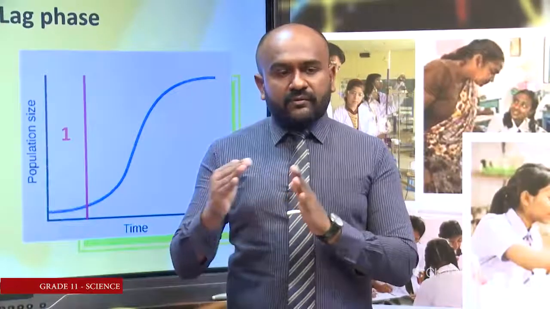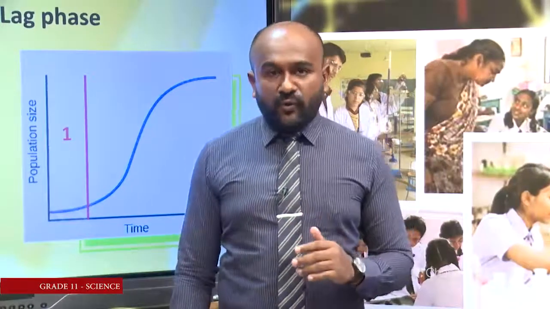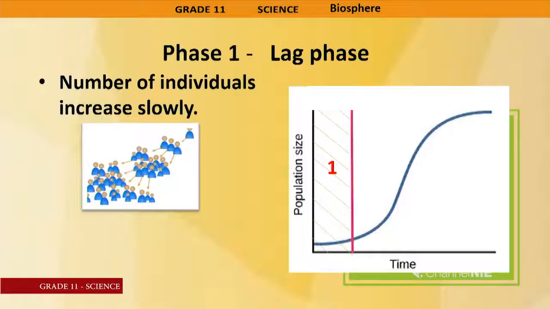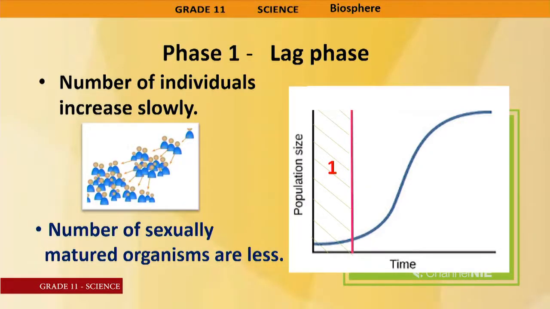So, the growth rate is a bit slow. That is what we see in the lag phase. You can see the number of individuals increases slowly. The number of sexually matured organisms is low.